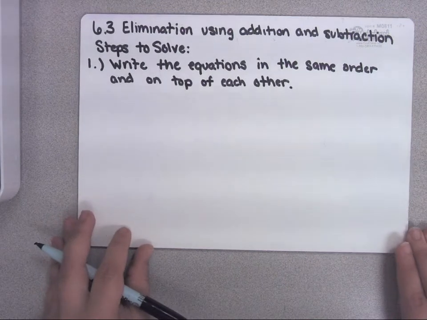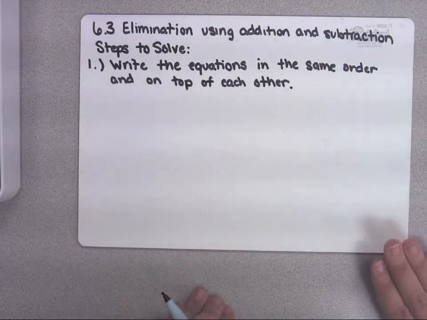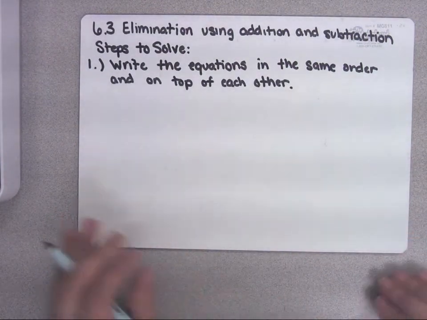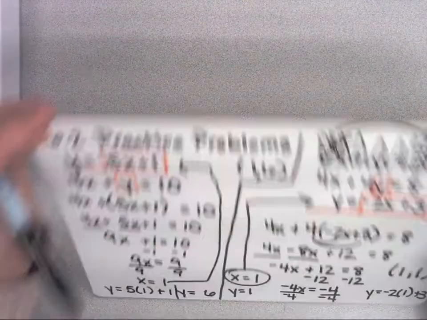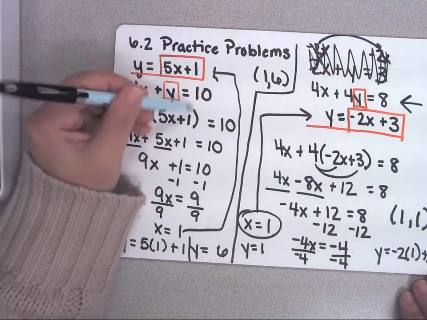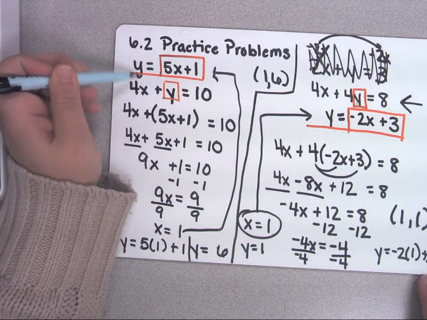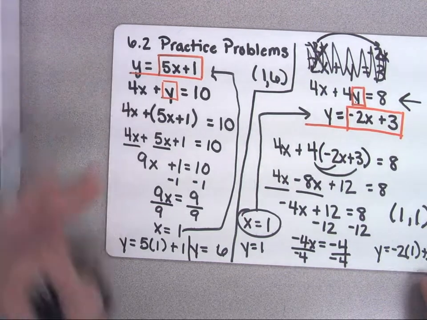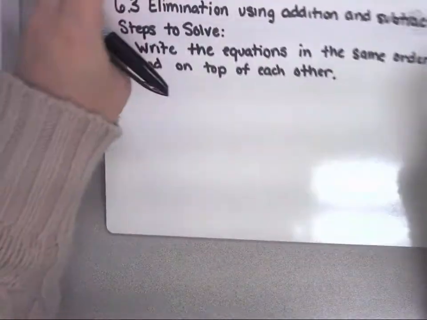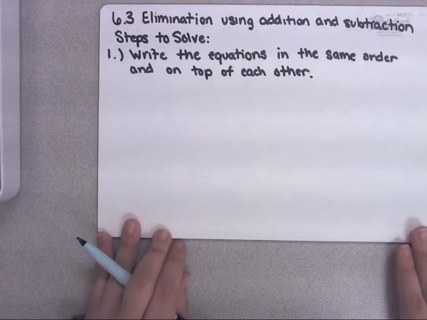So when you solve them, you're going to have the x's on top of the x's, the y's on top of the y's. Just like all of these other problems we did, right, these last few, weren't they always on top of each other? So we just want to have the x's on top of the x's. Like that wasn't, so we want to fix it. But they're usually set up nicely for us. Okay?